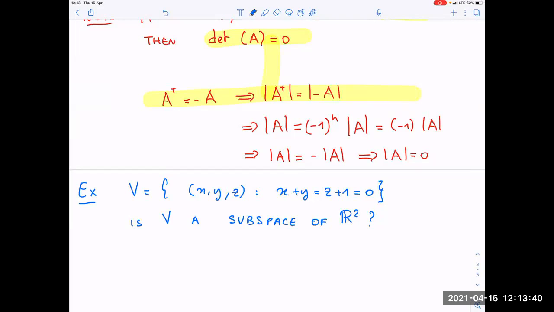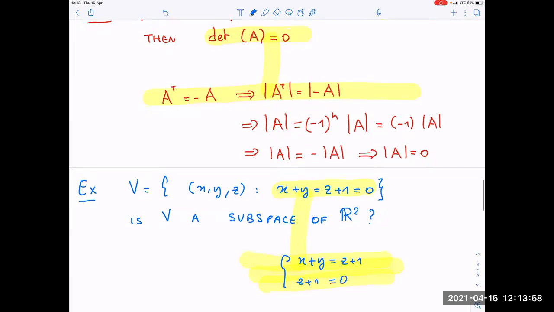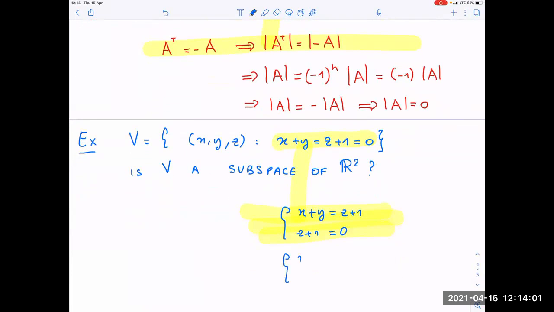Yeah, so just a quick note here. You see, it is written in one line, but what it means is simply that you want at the same time X plus Y to be equal to Z plus 1 and Z plus 1 to be equal to 0. Or equivalently, you want X plus Y to be 0 and Z plus 1 to be 0. So these are equivalent systems of equations. Should not be a surprise, right?